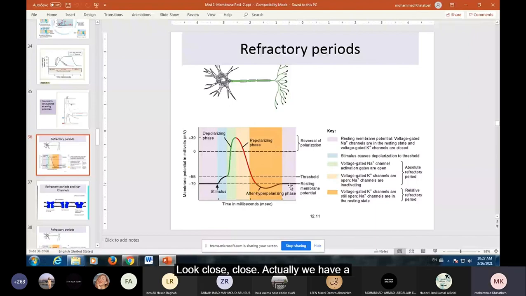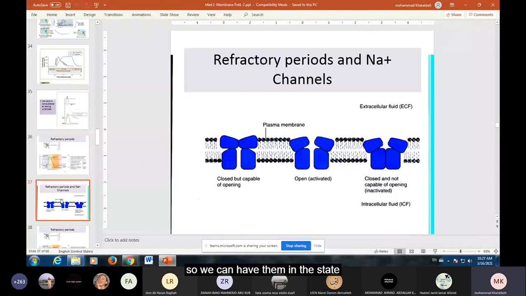Closed. Actually, we have 3 states for sodium channels, not 2. We can have them closed but capable of opening. We can have them opened. We can have them closed but not capable of opening.